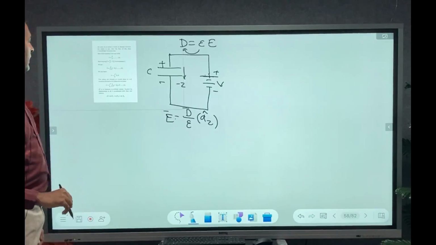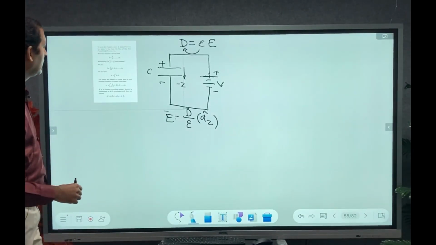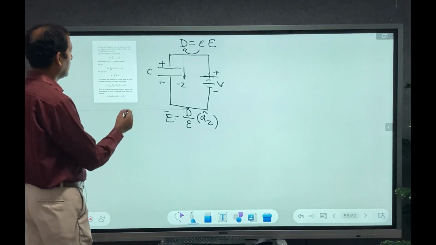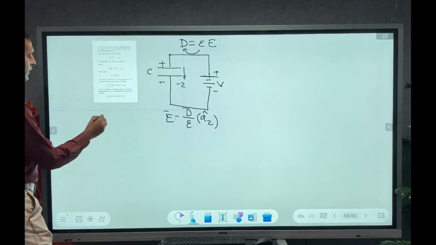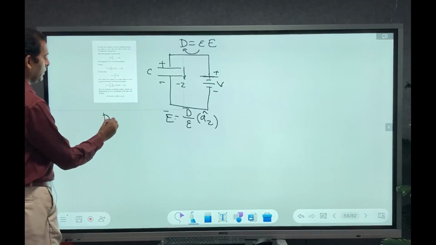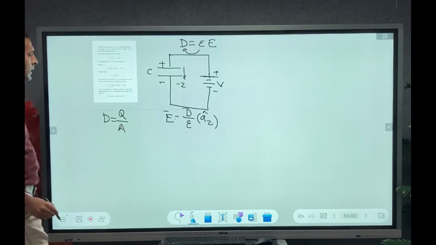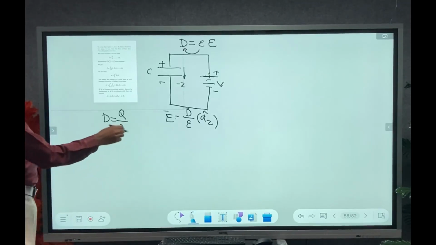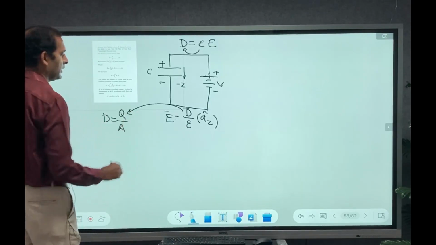So this is the direction component. Now D is nothing but, we have just now derived, D is equal to Q by A. So if we keep this Q by A here, what will we get in this equation?